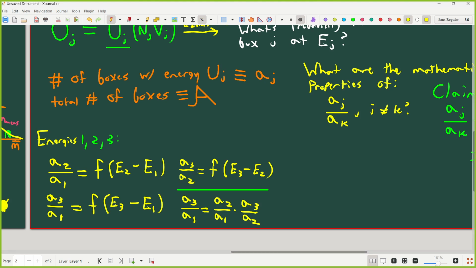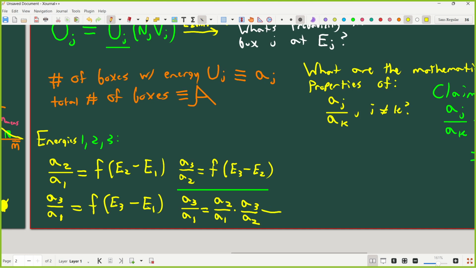Right? This is a nice thing to do if we can always connect the probability of seeing one energy, or the boxes of one energy, to the boxes of another one by just leapfrogging our way through the energies. If I can measure A1 to A2 and then A2 to A3, I can now measure A1 to A3. So I can leapfrog through the energies in this function and determine a relationship between the probabilities.